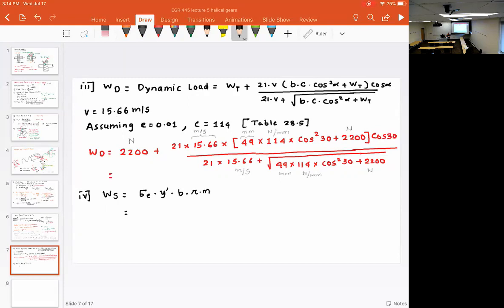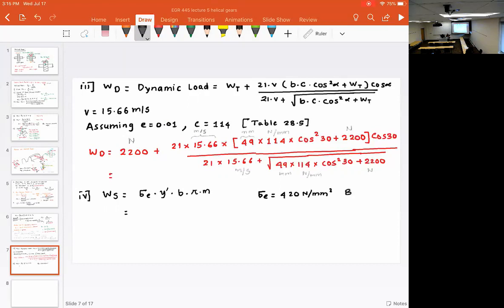So for sigma E, I have to go back to the spur gear table, and it's a cast steel. So I'm going to say for BHN of 240, sigma E is equal to 420 Newton per millimeter square.